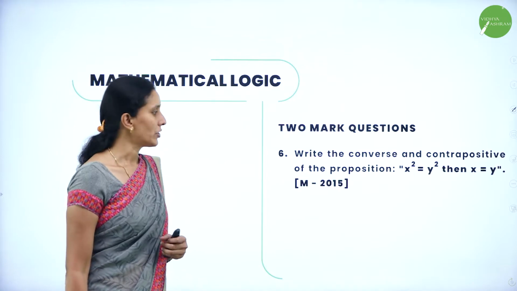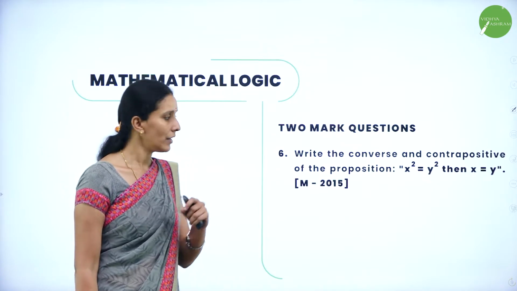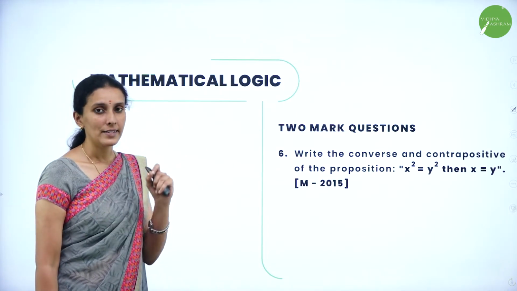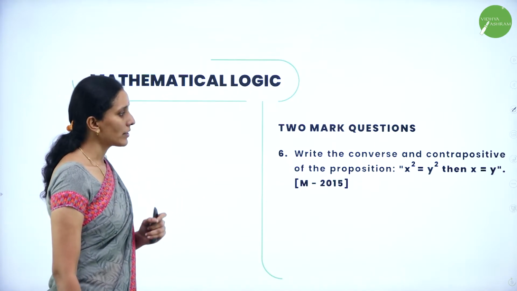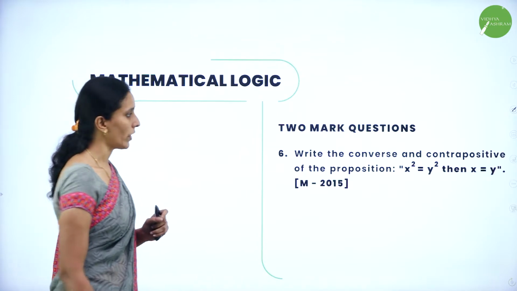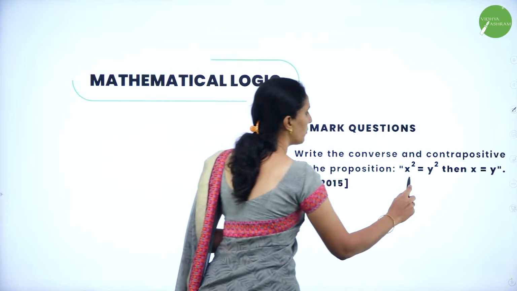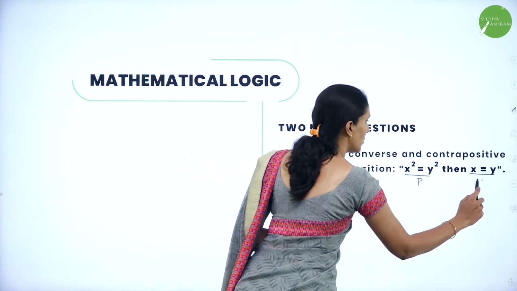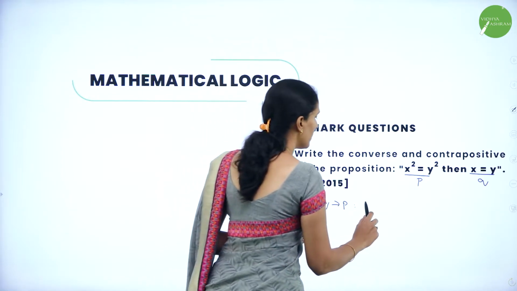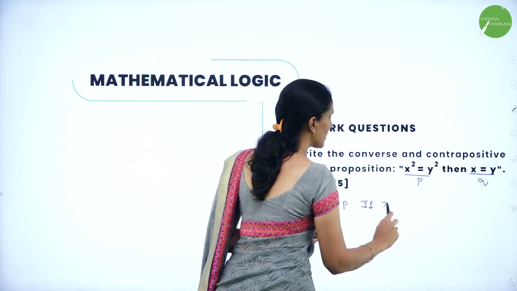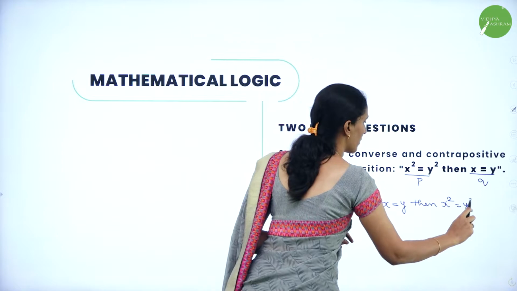Next, 2 mark question. Write the converse and contrapositive of the proposition. Most of the years you will be writing the statement in the form of converse and contrapositive. So let's take here, if x square is equal to y square, then x is equal to y. Converse is, if you take this as P and this as Q, converse is always Q implies P. So here, first we need to write Q: if x is equal to y, then x square is equal to y square.